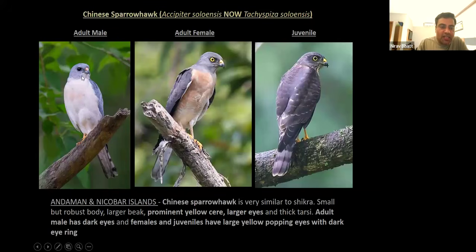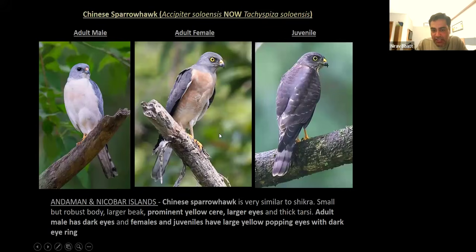Now the male, like Shikra, has darker eyes. Shikra has red, but this is sometimes even a very dark black looking eye in the adult male. But adult females and juveniles, they have very strong looking yellow eye color. Okay, that helps in separating identification of Chinese Sparrowhawk in most of the cases. Only this head part with brilliant yellow eye is often helpful to eliminate the other birds.